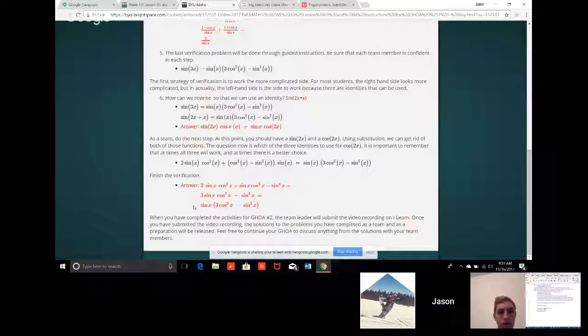Yep. Uh-huh. Yep. Still don't like it. I don't either, but it works. So what they did is, since sine x cosine squared x equals 1, they added them, but then where'd they get the cosine x back at?